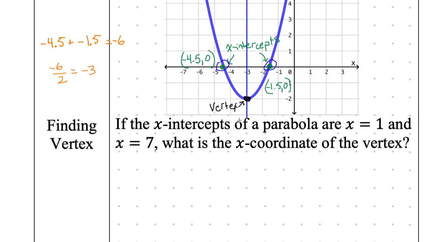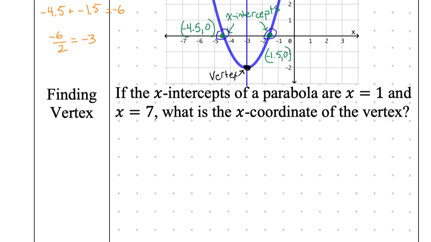So in order to find the vertex down here, the general way that you find the vertex is you want to think about it as the average of the x-intercepts.